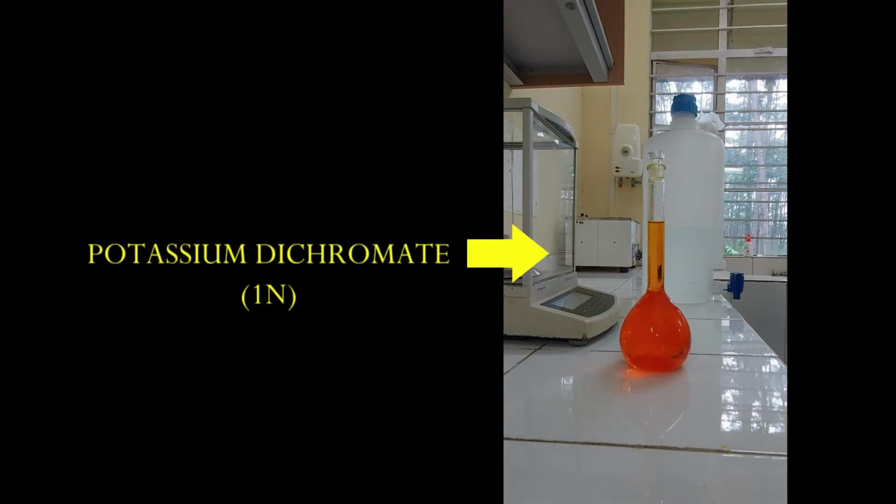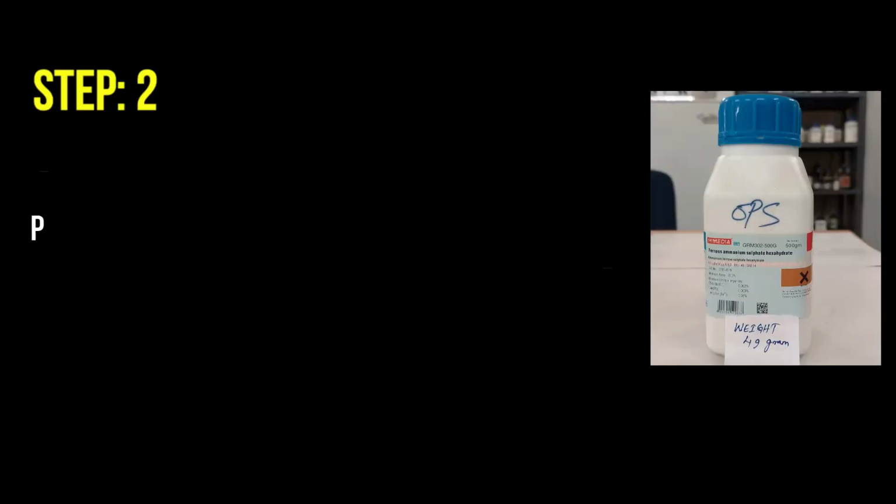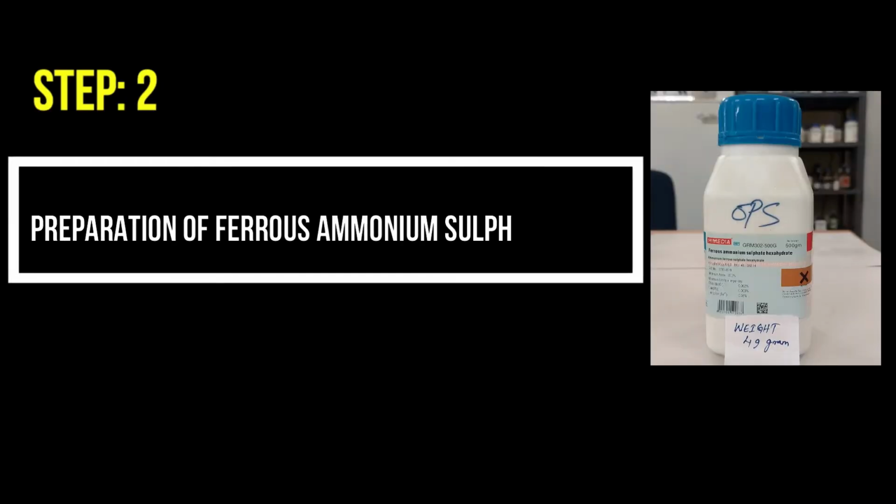Now, this is a 1 normal potassium dichromate solution. After this, the next step will be the preparation of ferrous ammonium sulfate solution.